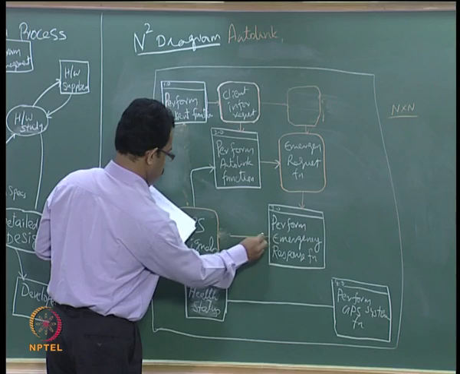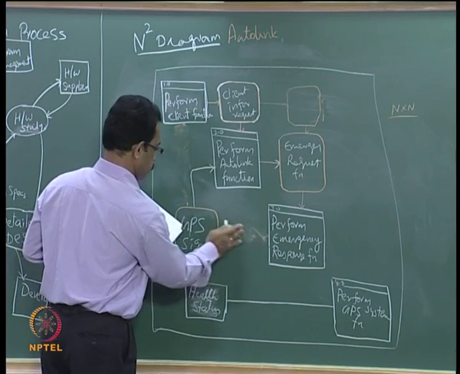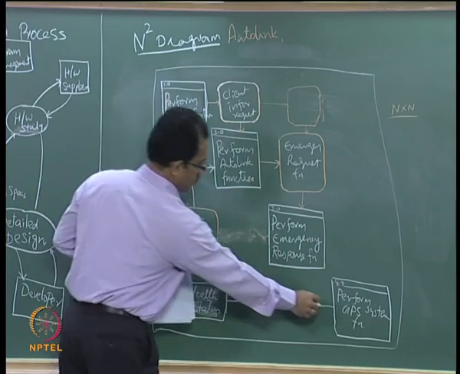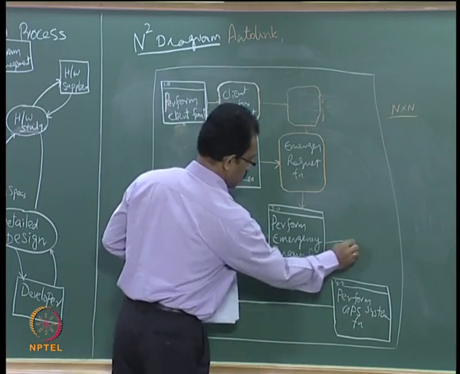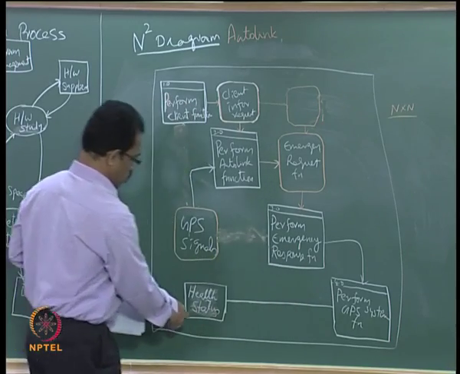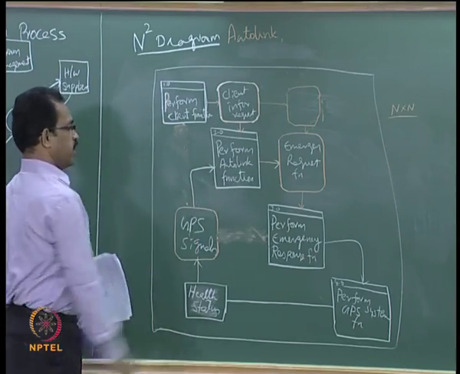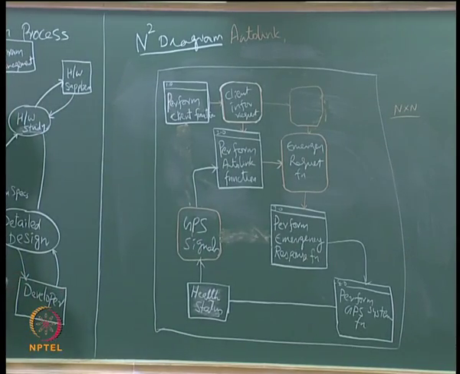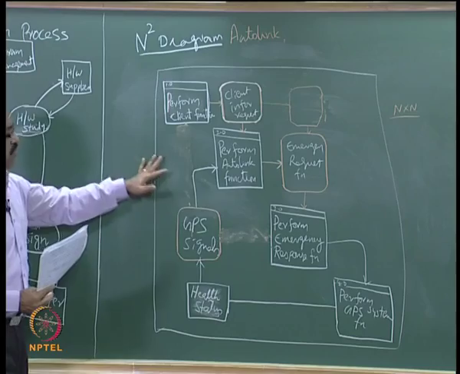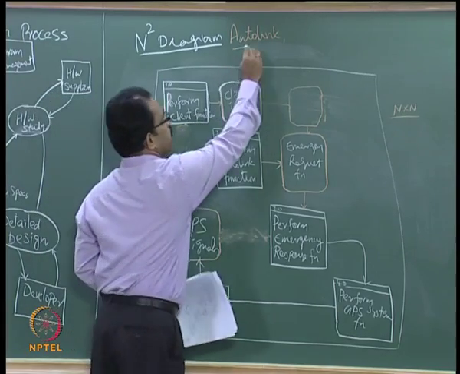Yeah, this is GPS signals. Here the GPS data will be coming, and this information will be connected to this one, and this data will be coming over the health status, and then the GPS signals will be coming, and that will be communicated to the auto link function. So this is again the N2 diagram, or the functional decomposition using an N2 diagram, for an auto link system.